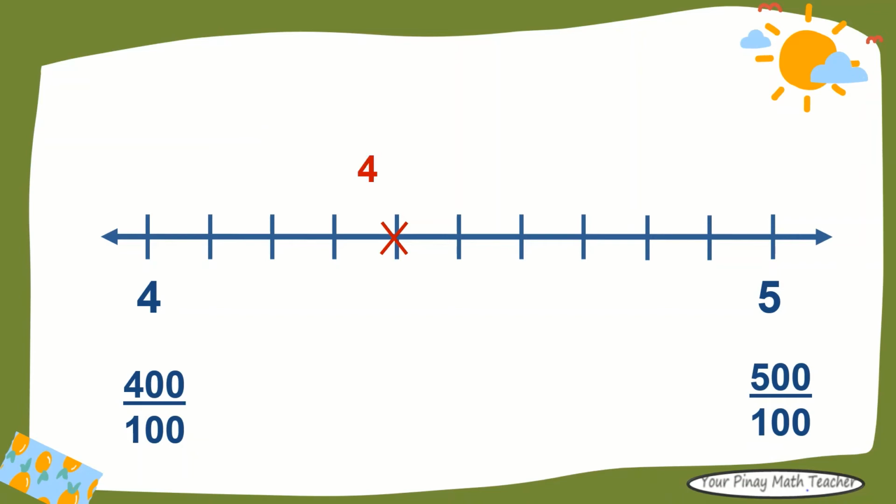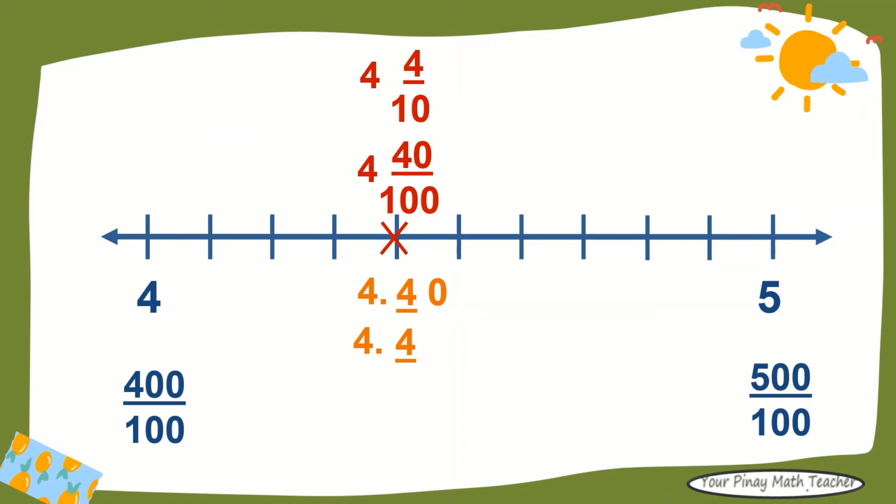So this is 4 wholes, and 40 over 100. Or in decimal, 4.40. Writing this mixed number in tenths, this is only equal to 4 and 4 tenths. But in decimal, this is 4.4. Again, the two mixed numbers and the two decimals are equal.